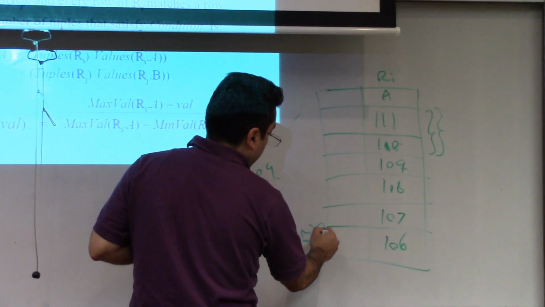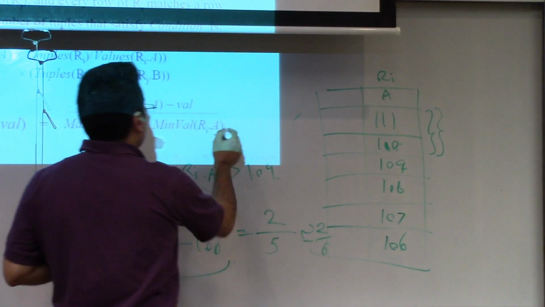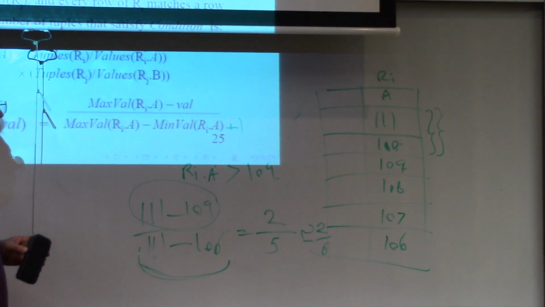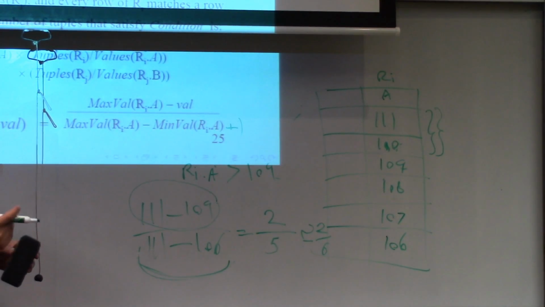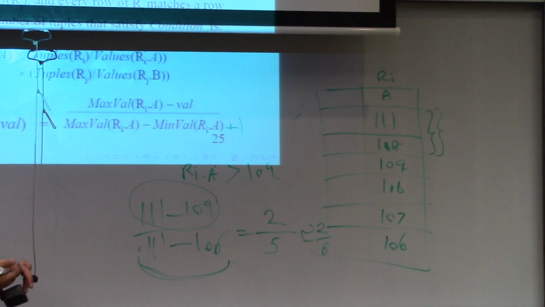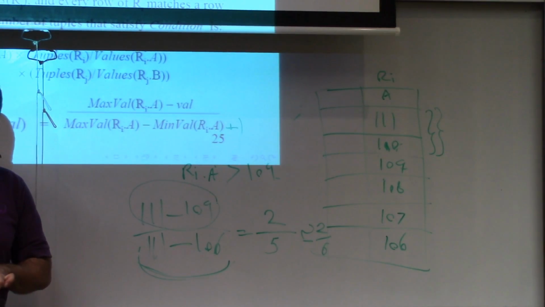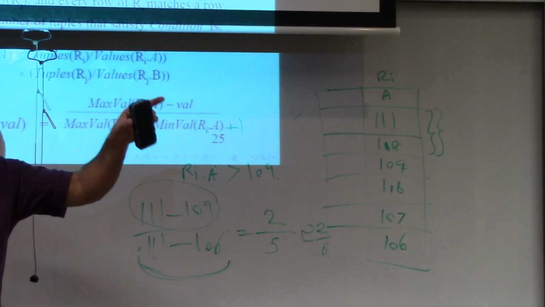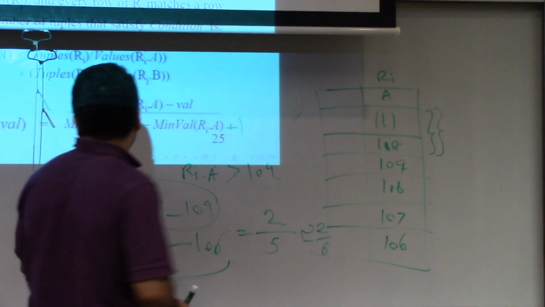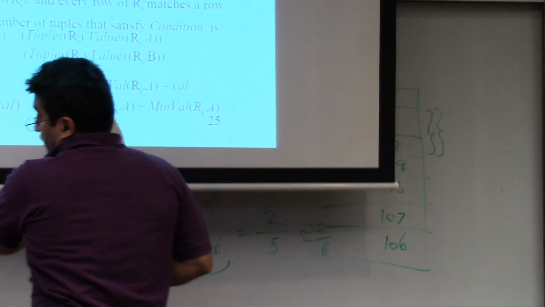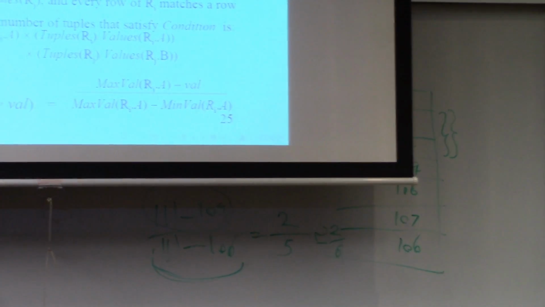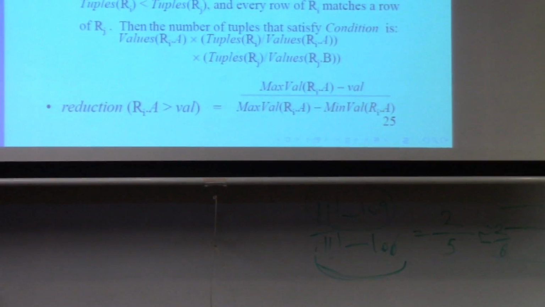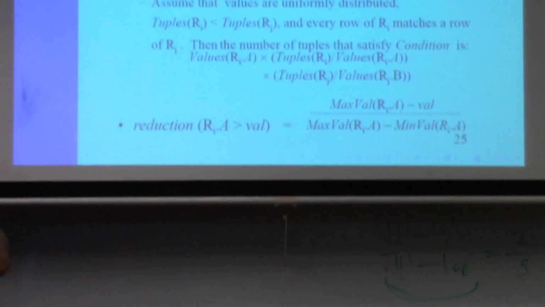It should be plus 1, right, if you want to be exact. Is that clear? You have the whole range, you are looking for some part of that range. So this is how, for each of these conditions, you estimate the result.